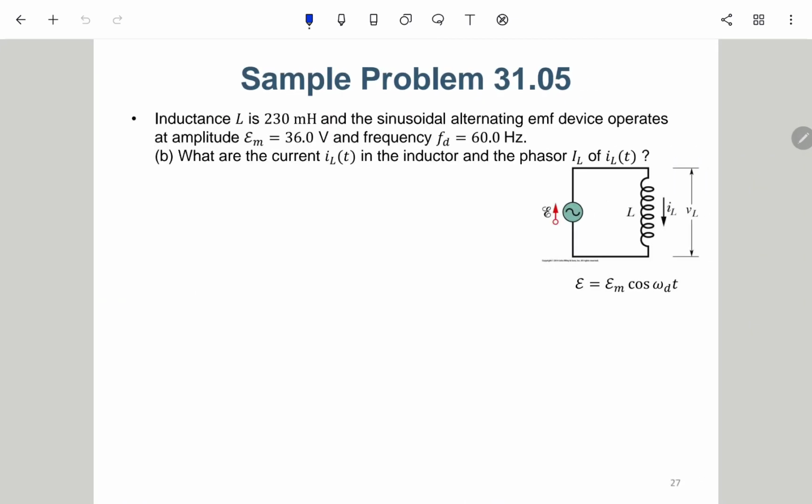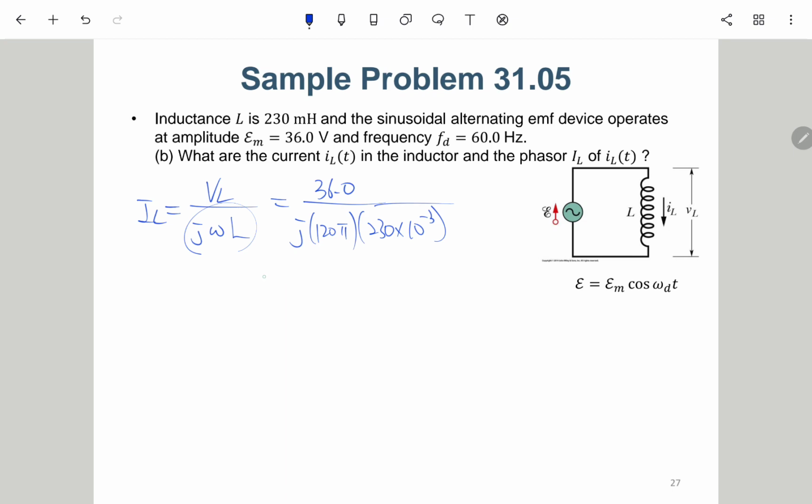For question B, what are the current IL and the phasor IL? IL is equal to VL over j omega L, which is the impedance of the inductor. So it is 36.0 over j, and then omega is 120 pi, times L which is 230 times 10 to the negative third power, the inductance.